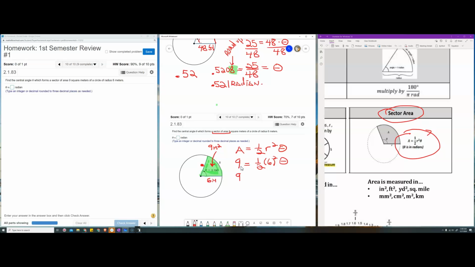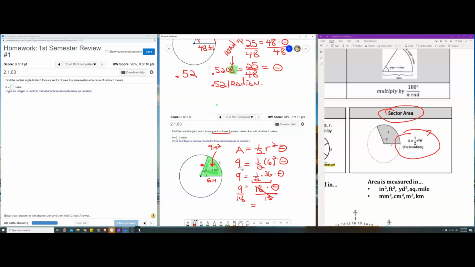Okay, now we'll do the math here. So I do my exponent first. That's going to give me 36. So I have 1/2 times 36, which is 18. And now I'm going to divide both sides by 18.